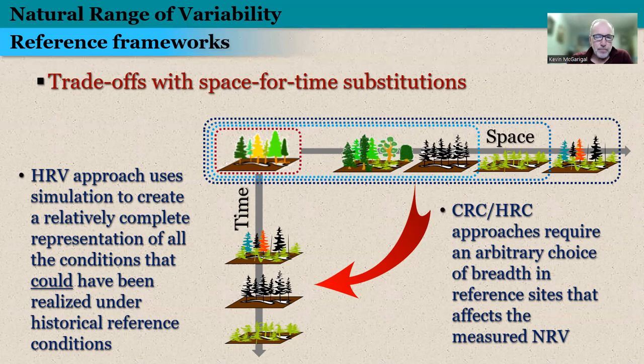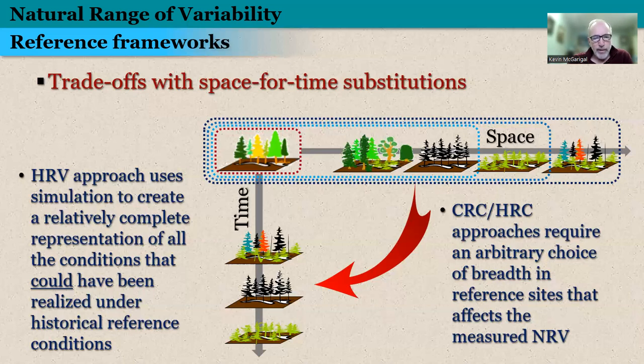So if we take the site depicted in the red box in the upper left of the figure, we're using a simulation model to simulate what that system at that site could have looked like over time under some reference period conditions. The idea here is that we use a simulation to try to simulate all the possible outcomes that could have occurred under the disturbance regime characteristic of that particular reference period.